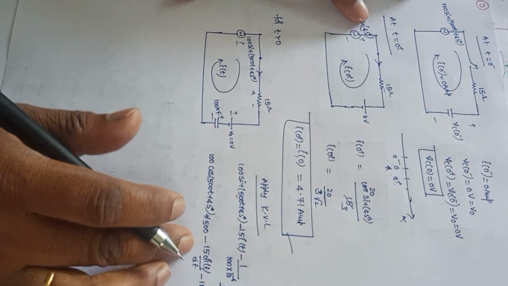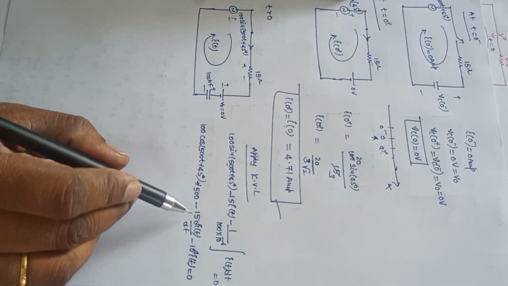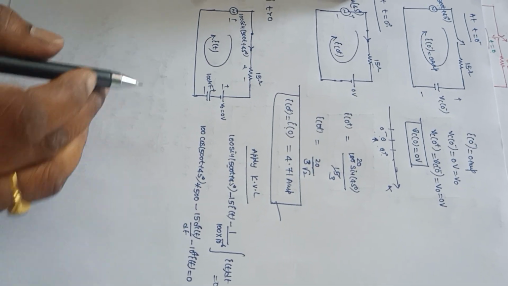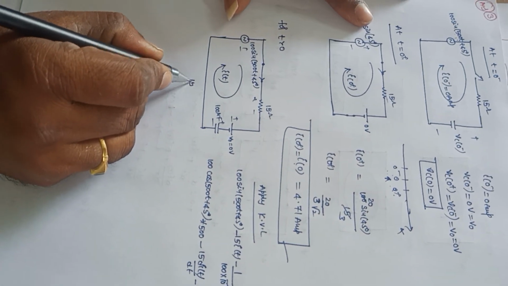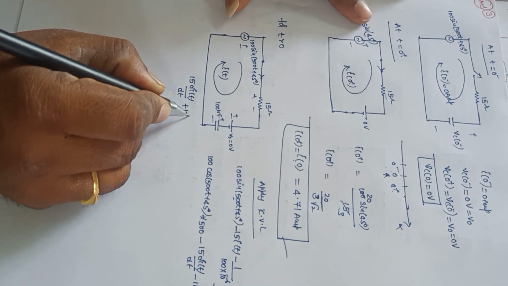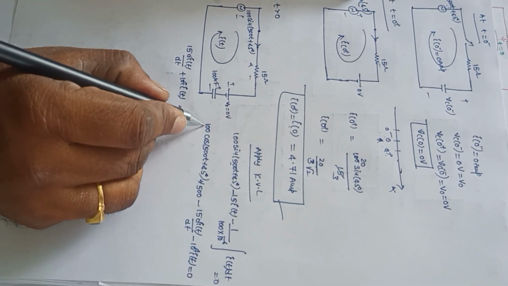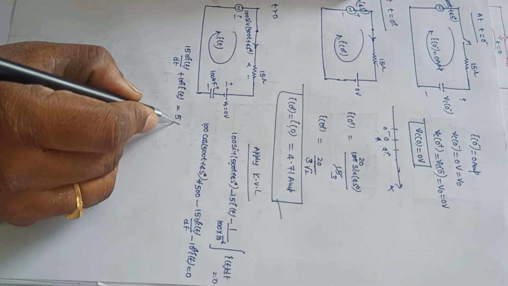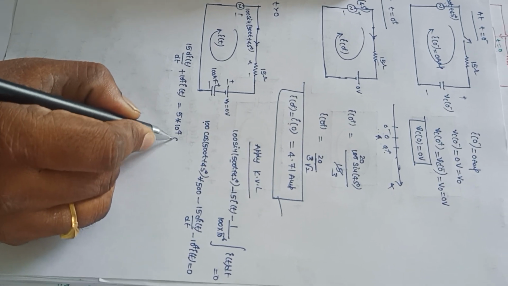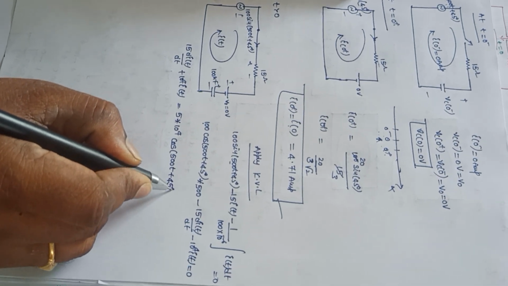So you rewrite this expression here by moving these terms to the right side of the equation. So it is 15 into di of t by dt plus 10 power 4 into I of t is equal to 5 into 10 power 4 cos of 500t plus 45 degrees.